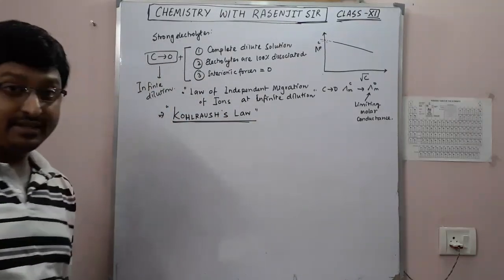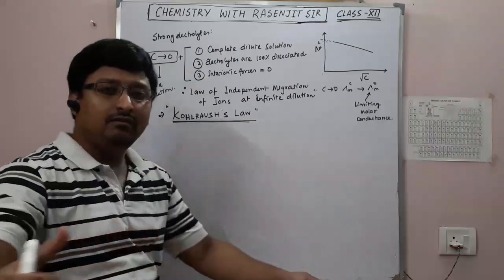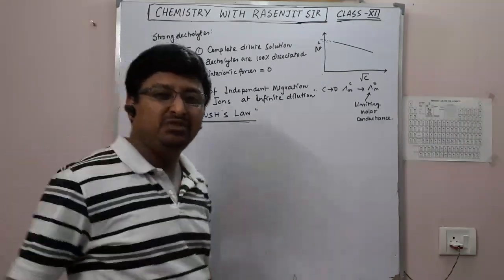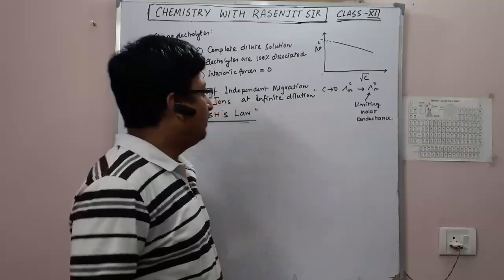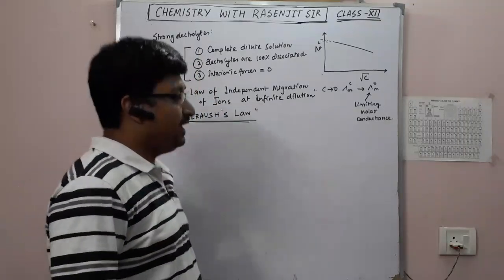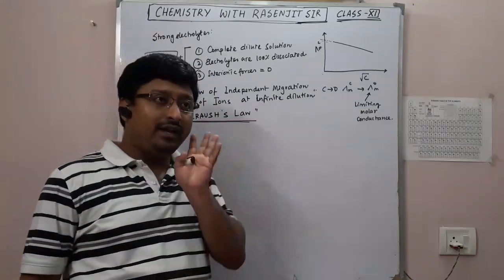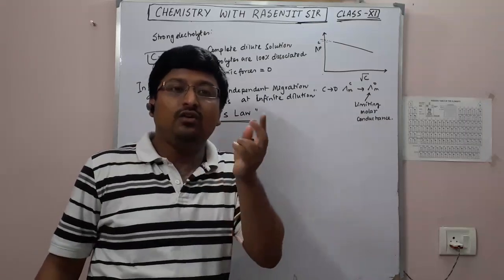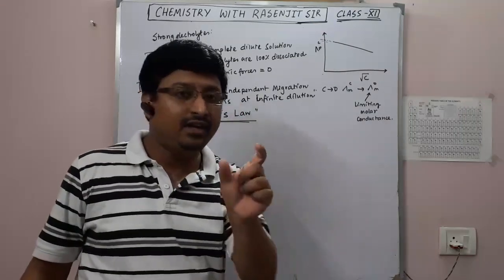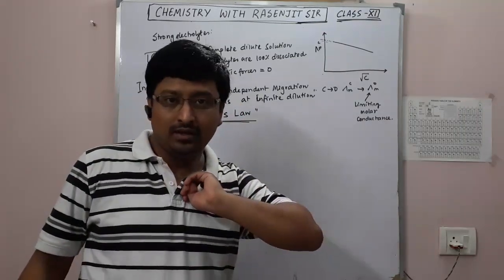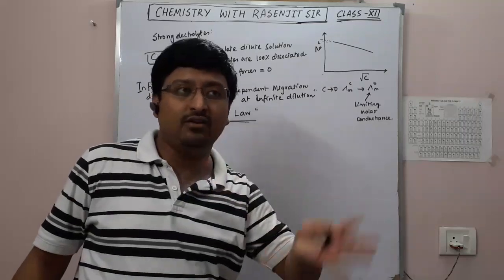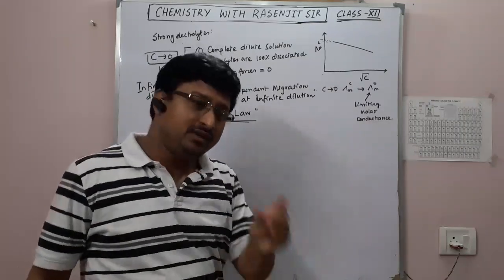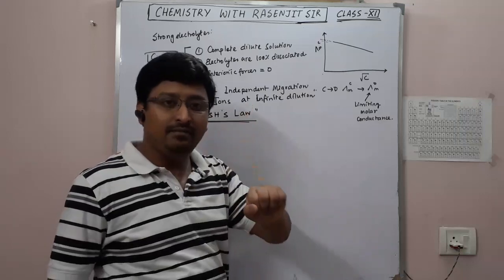So what he said is that the ions will behave independently. Now, if they behave independently, then whatever their charge or conductivity will be depends on their number, right? If there are two ions present or four ions present, those four ions will behave independently.